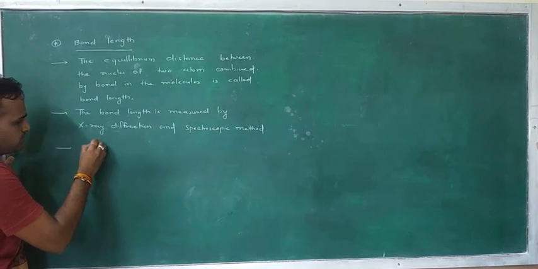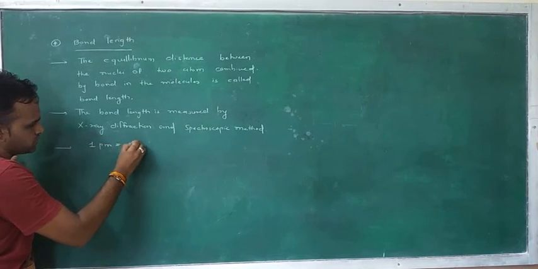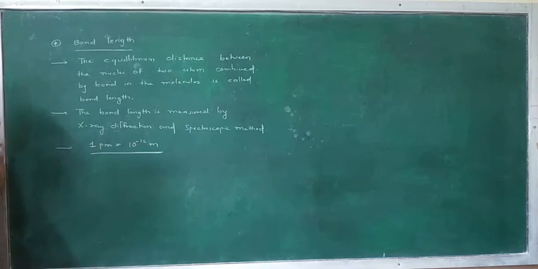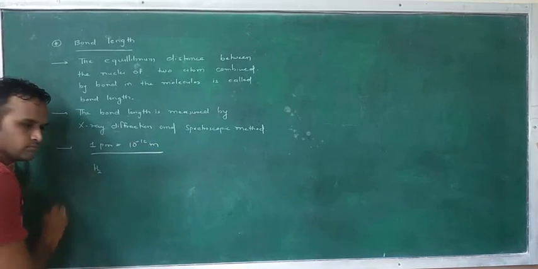Understand, madam? And it is measured in picometer. So 1 picometer is equal to 10⁻¹² meter. See, how can you measure bond length? Just like the H2 molecule is there.